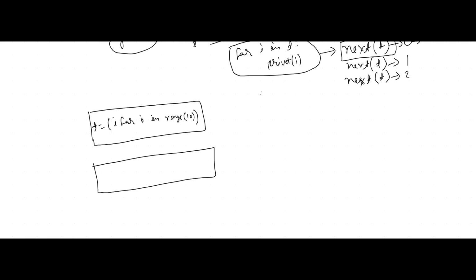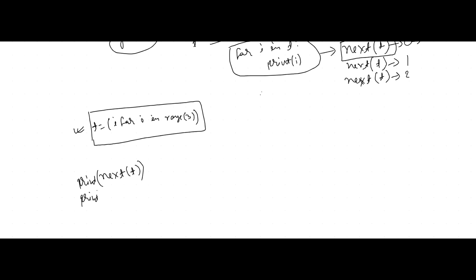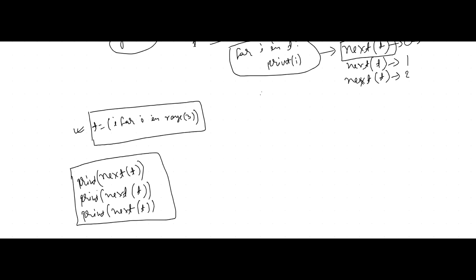Once it is executed, come to the other block and here print next of T, just three times. In the other block, write it 3 times, execute it and see what output you are getting.